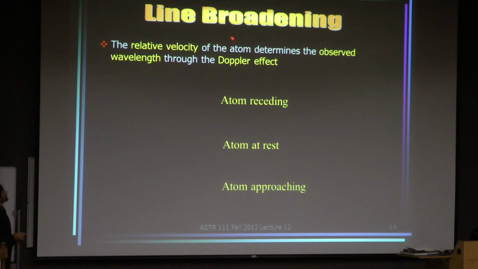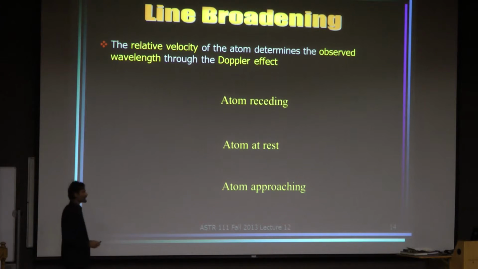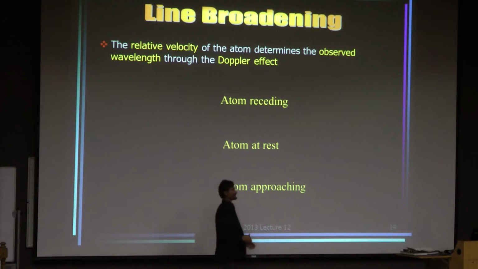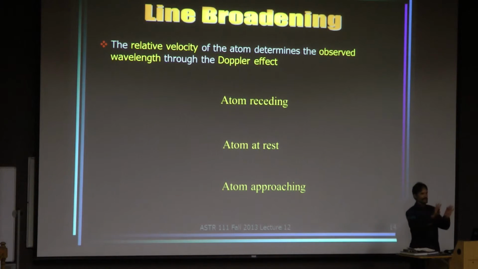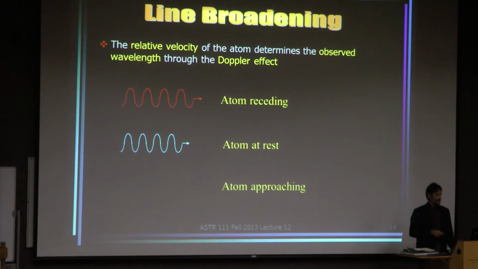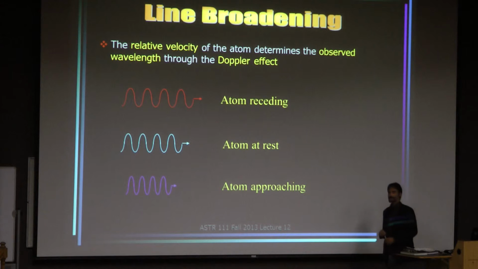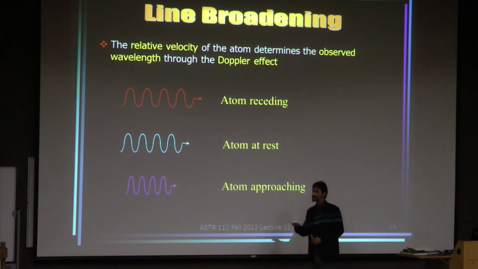All right, so it all comes down to the relative velocity of the atom that's emitting with respect to the observer. We just said that if the star is receding away from us, we just get a shift. But it can be a little more complicated than that, because stars, after all, are made of many, many different atoms, and we can have other effects involved, which can be thermal effects or effects related to the rotation of the star.